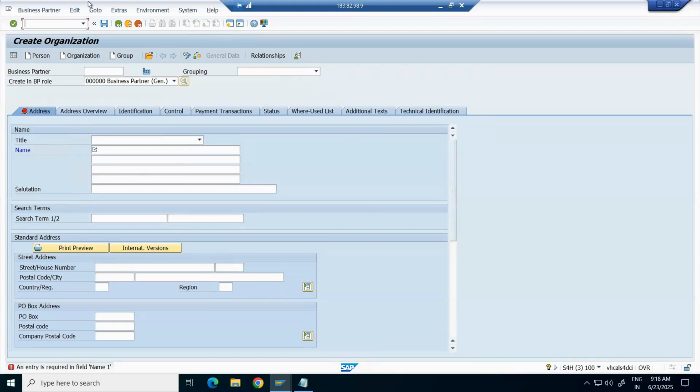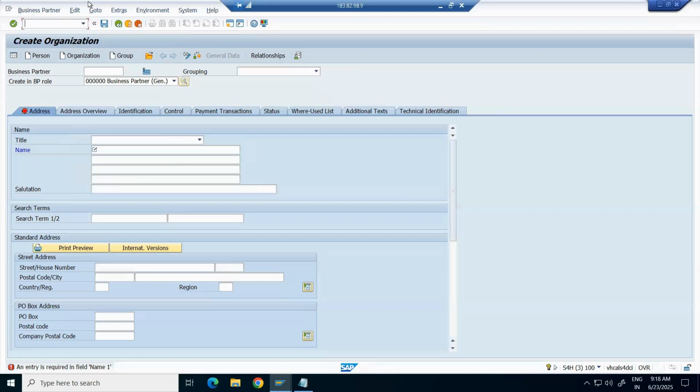But here in S/4HANA, customer master will come under BP. As Rajesh said, I thought let's go with the account group first, so that it will help both who is using S/4HANA and who is using ECC.